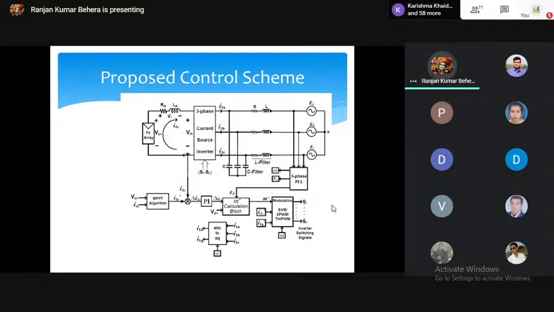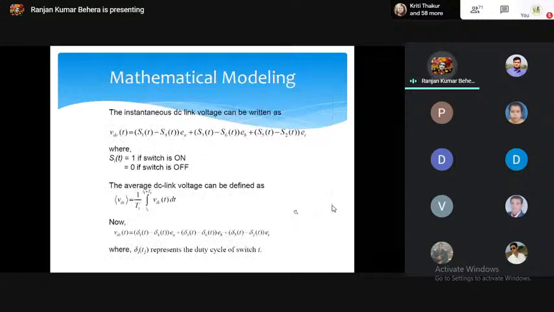We already know all these things, and from there you can get the switching for the inverter. Now you see, this is a mathematical modeling, and I am not going to discuss it in detail because you can also design this mathematics. The most important is the concept. The mathematics everybody knows.